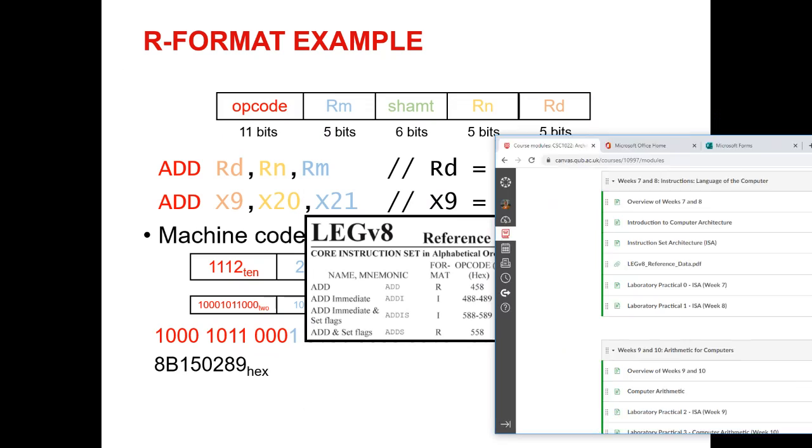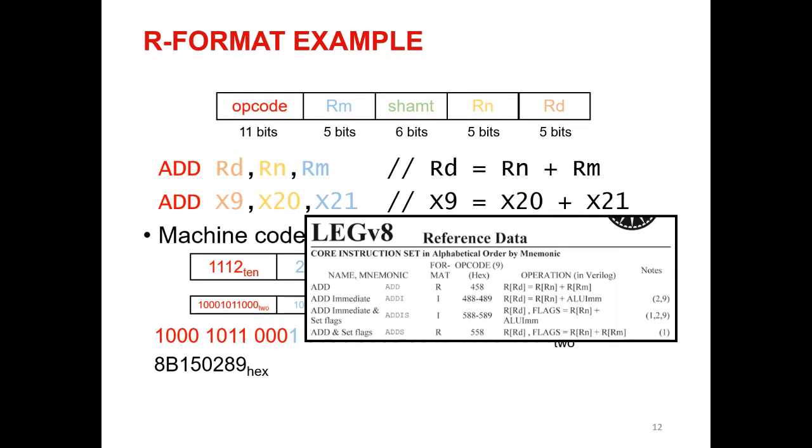In this reference data PDF, I have here a screenshot of that reference data PDF, and we see here the add instruction. For the add instruction, we have a field which says that the operation code is, in hexadecimal, 458.